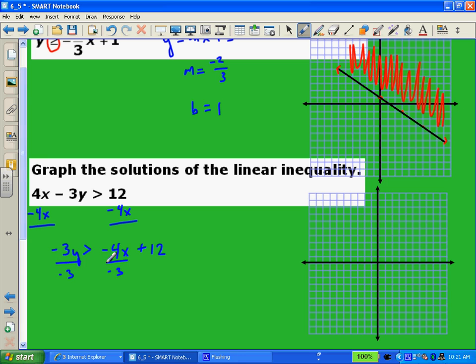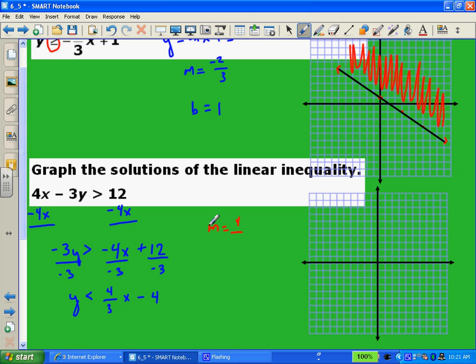I'm going to divide by negative 3. And then I have to remember here, if I divide by a negative number in an inequality, I have to flip the sign. Hopefully you remember that. So then I have y is less than 4/3 x minus 4. So now I have it solved for y.